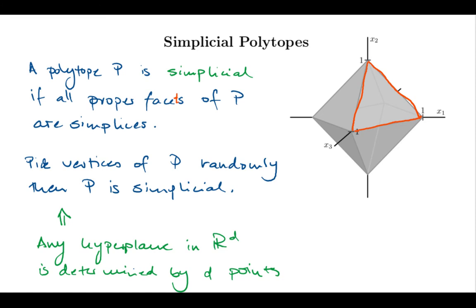There's variants of this. I actually don't have to pick all the coordinates of my vertices at random. I could, for example, just pick the dth coordinate, and so now I really think of P as living in R^d. If I just pick one coordinate at random, I claim exactly the same reason will give me that P is simplicial.